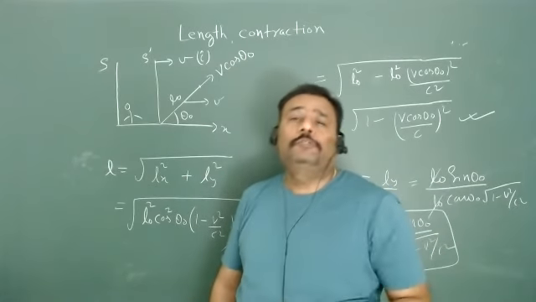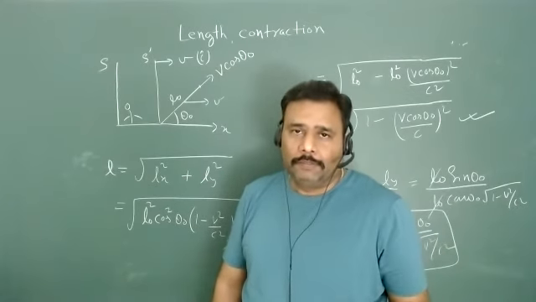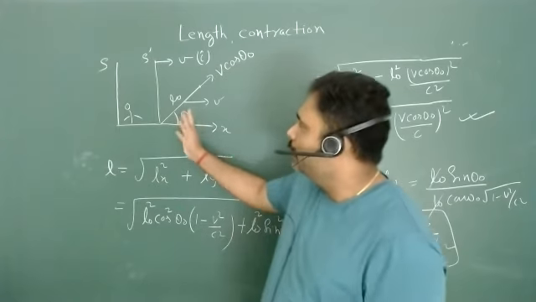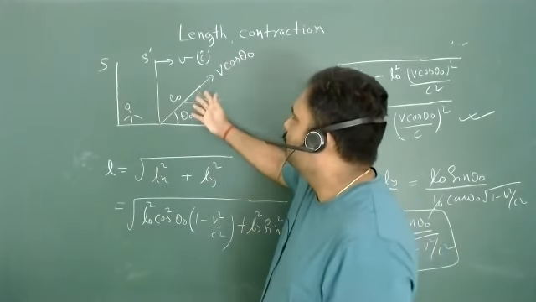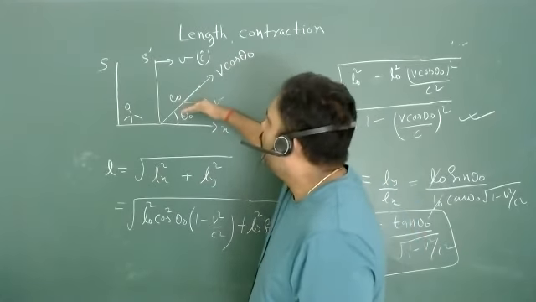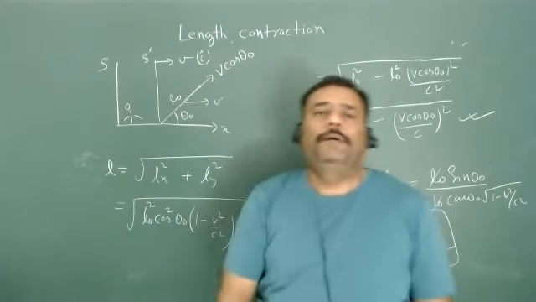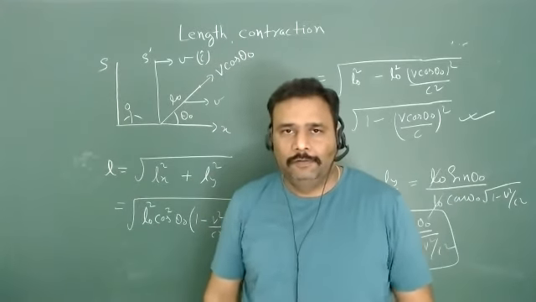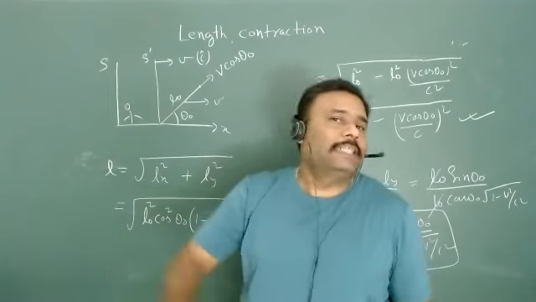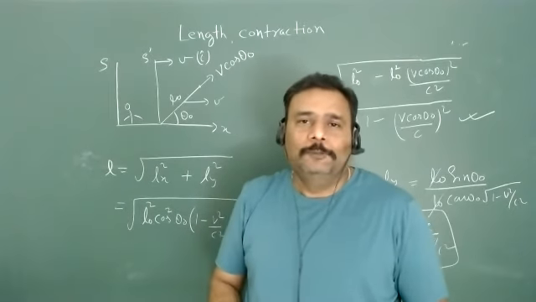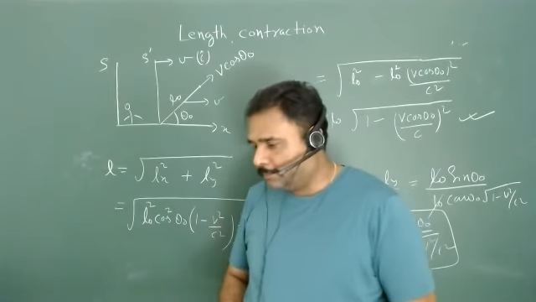Then we make a story of this particular problem. And what is a story? The crux of the story is that only the part of velocity which is parallel to the length will take part in the contraction. Then next time whenever this happens we can use it, isn't it?